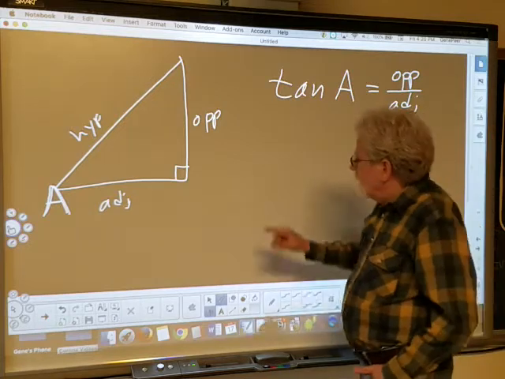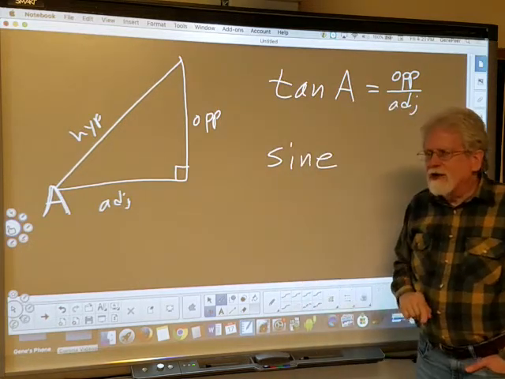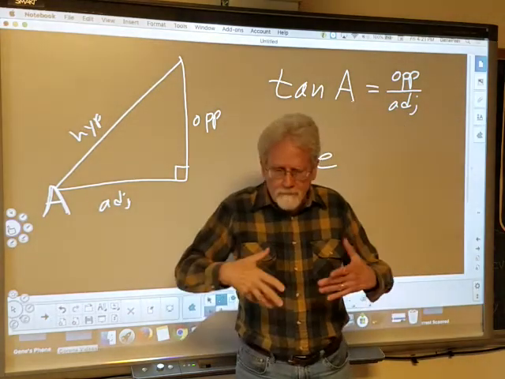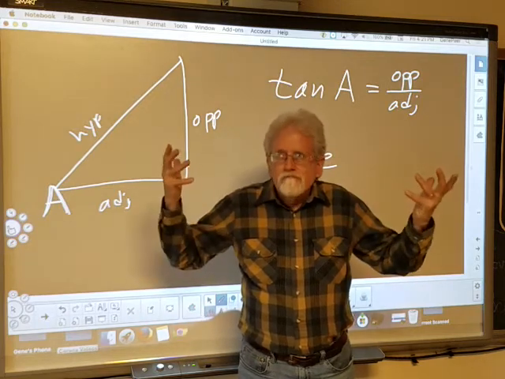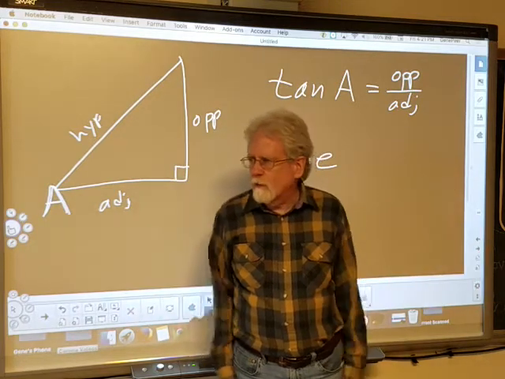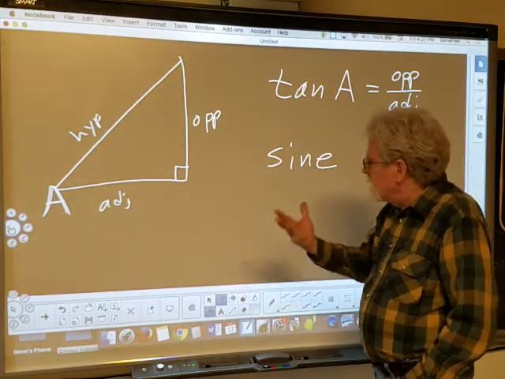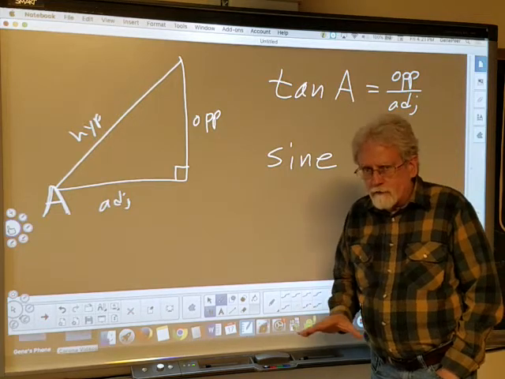Two new definitions. Sine, spelled S-I-N-E, but we have this universal convention that we use three-letter abbreviations for all of these trig functions.